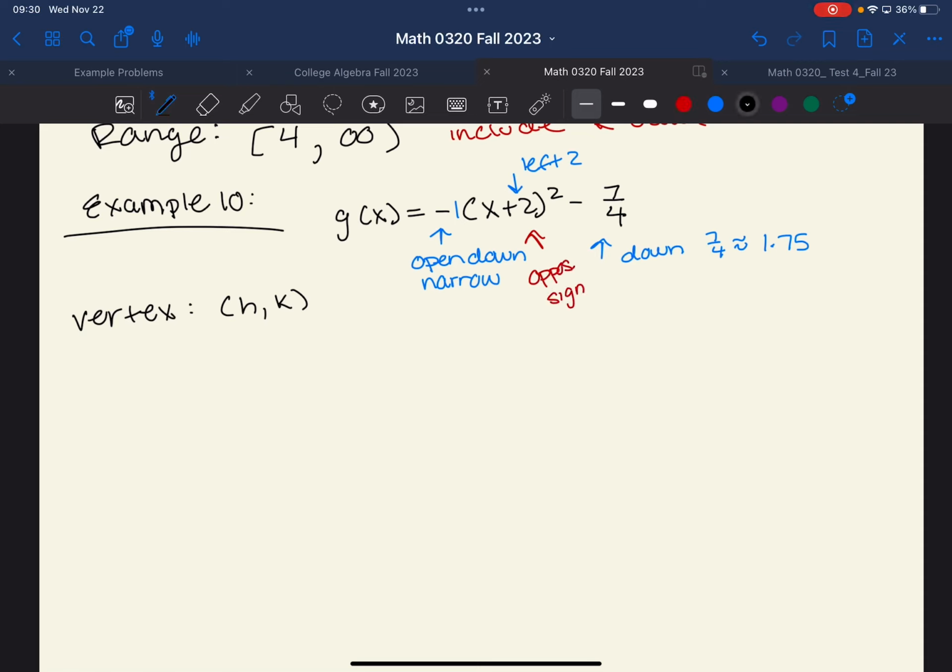Good, negative 2, so this is negative 2, and then what is our K value? Good, negative 1.75, or negative 7/4, whichever you prefer to write. But this is easier to plot. Okay.